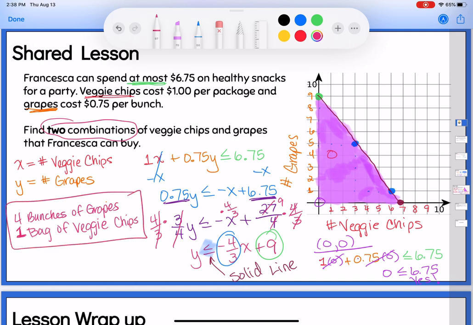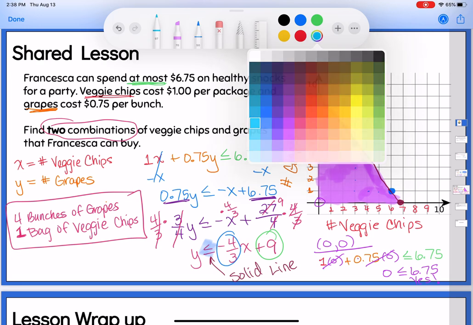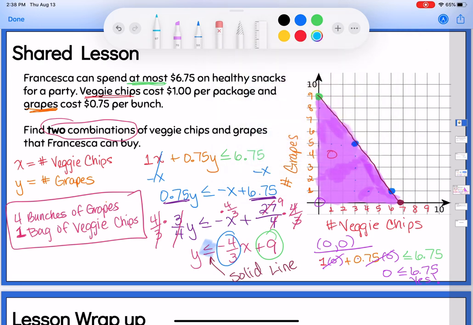Boom. What's another good combination? Another good combination might be, I don't know, let's go here. 1 bunch of grapes and 3 bags of veggie chips.